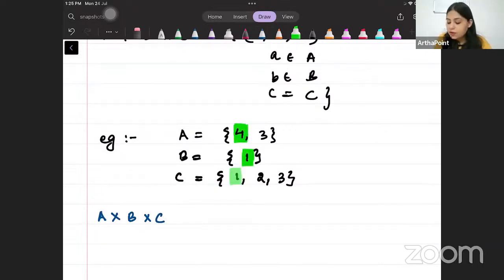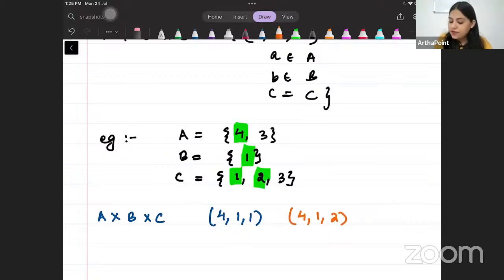So क्या मिलेगा बेटा? 4, 1, 1. Again, first from A, second from B, and third from C. So next element, what will you get? 4, 1, 2. Then you will get 4, 1, 3.